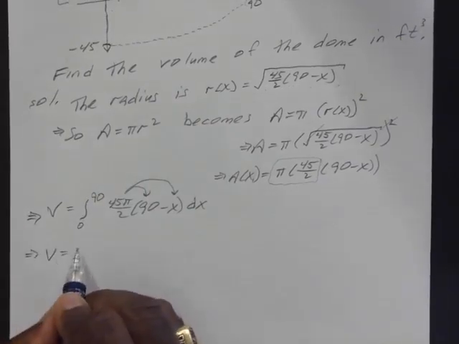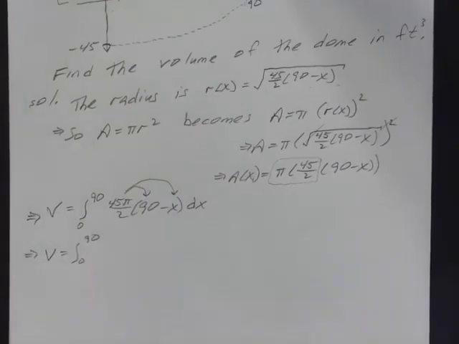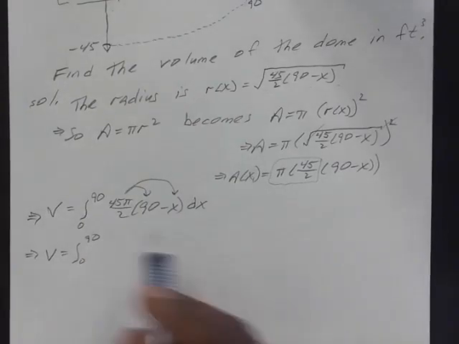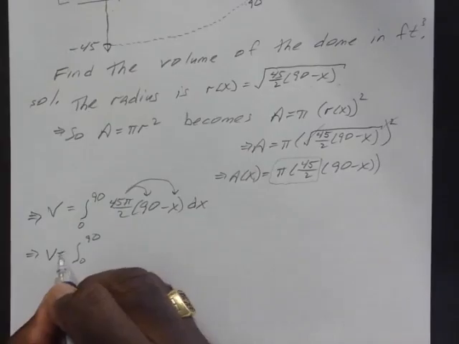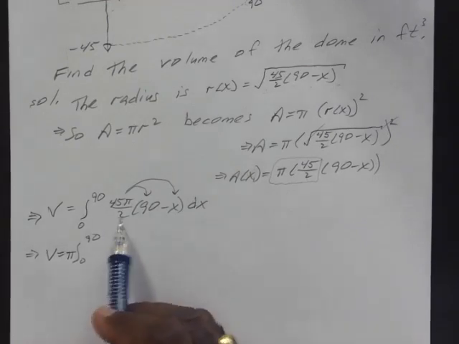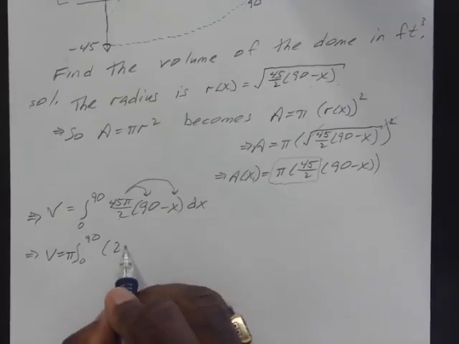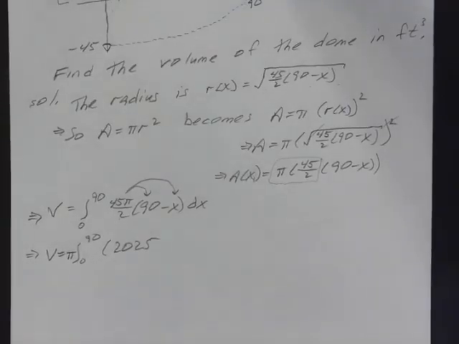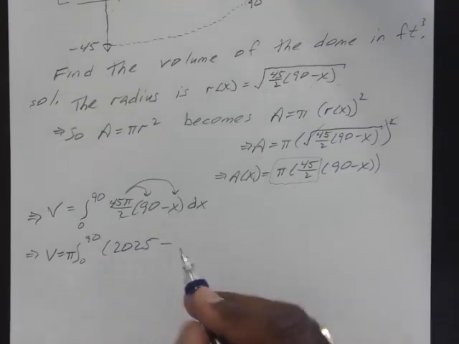Okay, so the volume is equal to the integral from 0 to 90. Actually, I'll factor out the pi just to keep from having to write it down over and over. So that's 45 divided by 2 times 90, which should be 2025, minus 45 divided by 2 x.